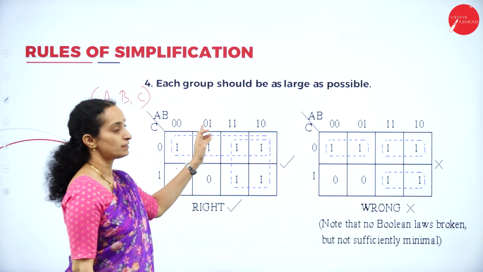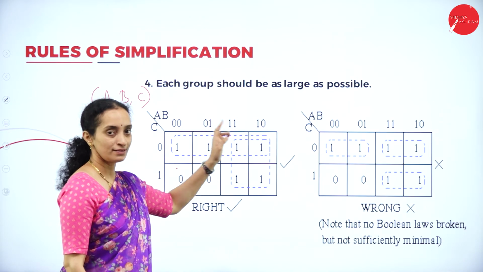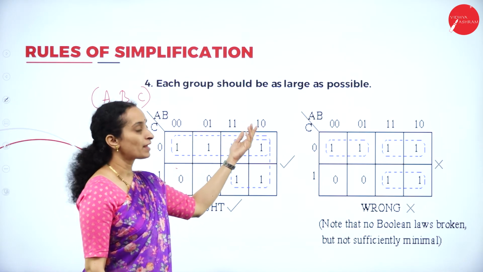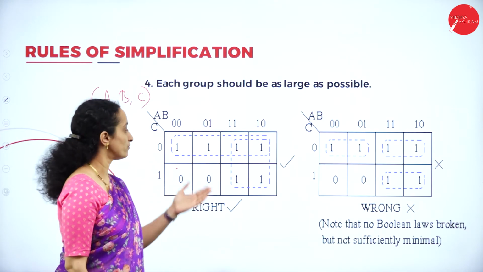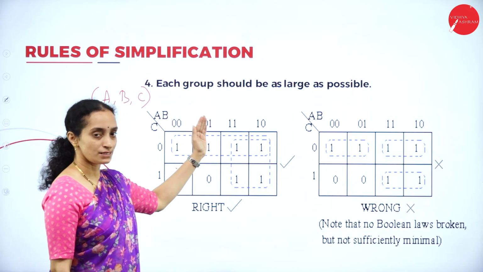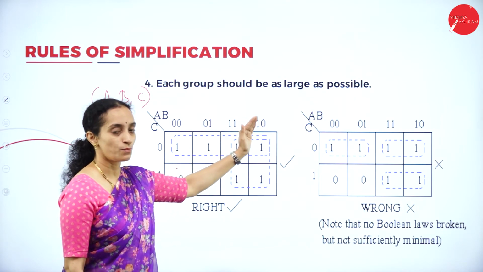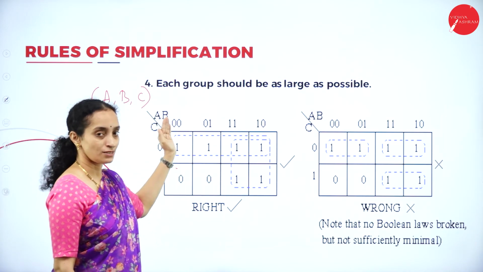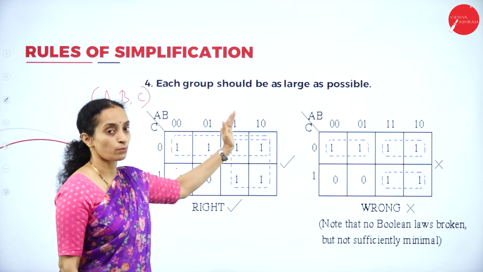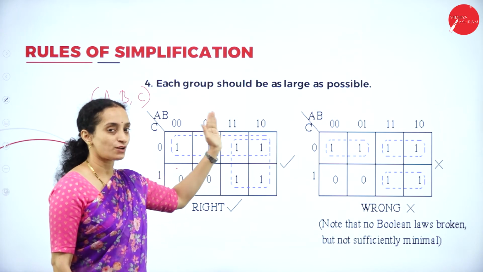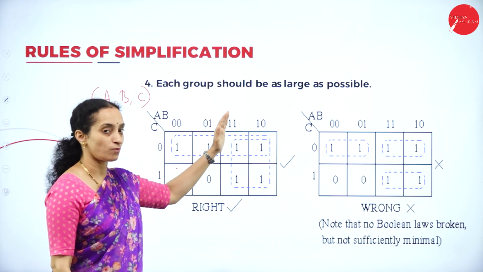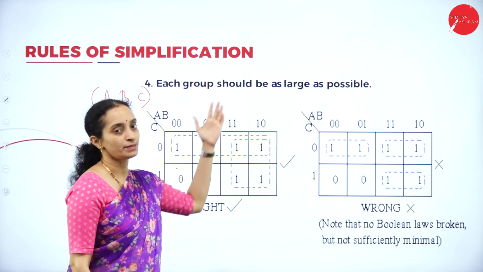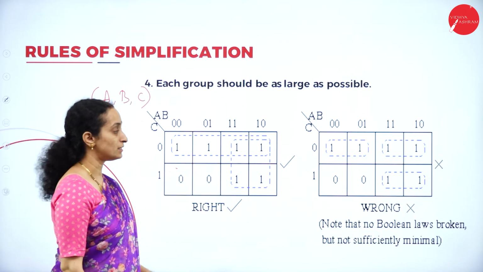So this 0 is changed to 1 in the gray code format, and next we have the 1 changed to 0. We have 0 0, 0 1, 1 1, 1 0. Don't confuse that. 0 0, 0 1. After that 1 0 must not be there, because we are following the gray code format: 0 1 will be changed to 1 1 and 1 1 will be changed to 1 0.